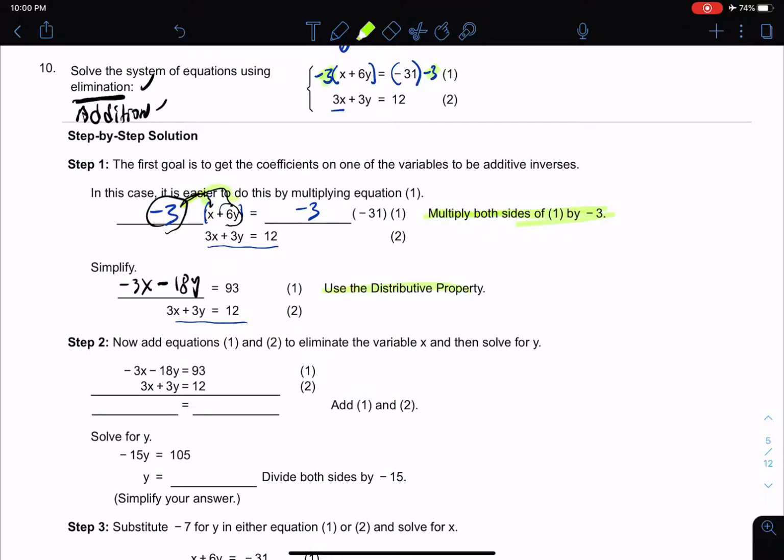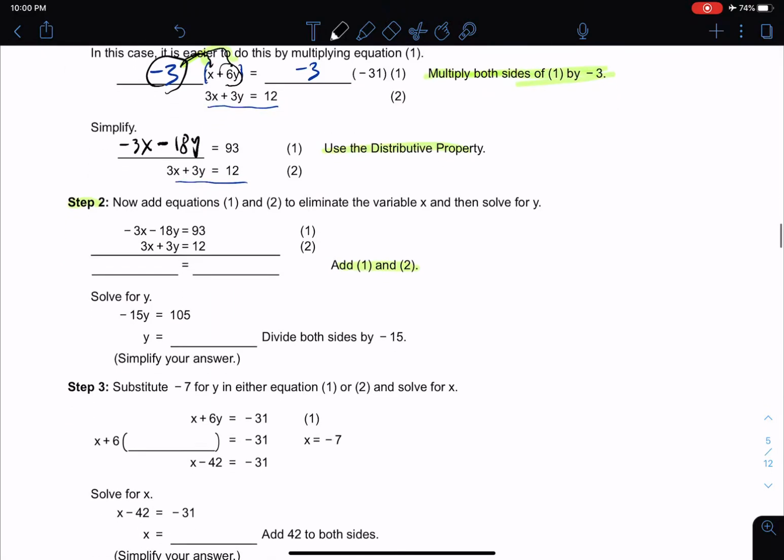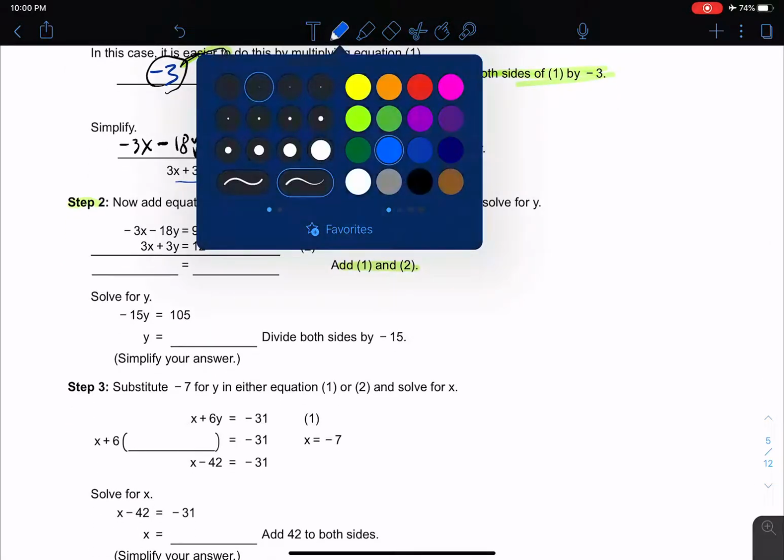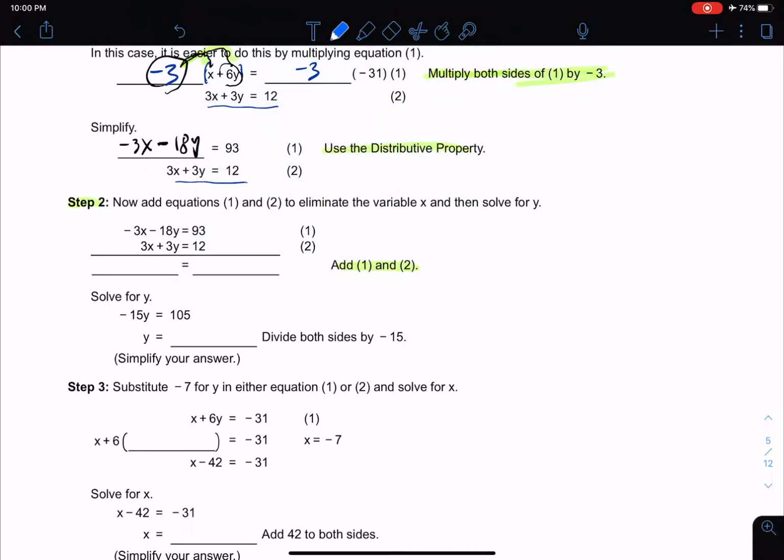Then step 2 right here, it says add equations 1 and 2 together. Now you're only going to do this if it benefits you, and notice it's going to benefit us because when I add -3x and +3x, I get 0x. So I get a 0 for that. And that's where the elimination happens.